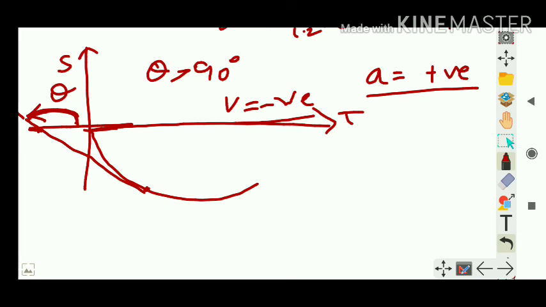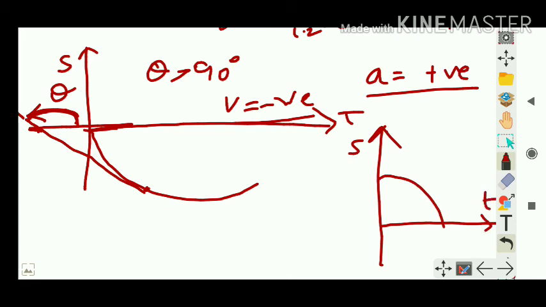Now similarly, I'm giving another graph like this, and this is our displacement time graph, okay? And again you are asked what is the nature of velocity and acceleration. Again, this is a concave which is downward, so acceleration is negative, right? So draw a straight line like this. What is the angle here? Not this angle, the angle is this one, anti-clockwise.